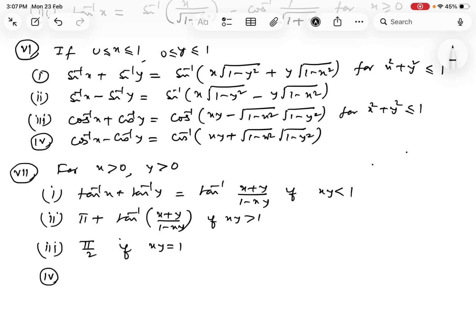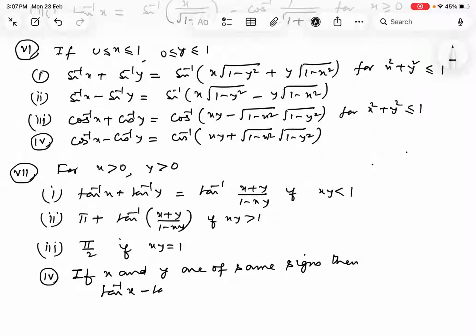And in this fourth result, if x and y are of same signs, then tan inverse x minus tan inverse y is equal to tan inverse of x minus y divided by 1 plus xy.